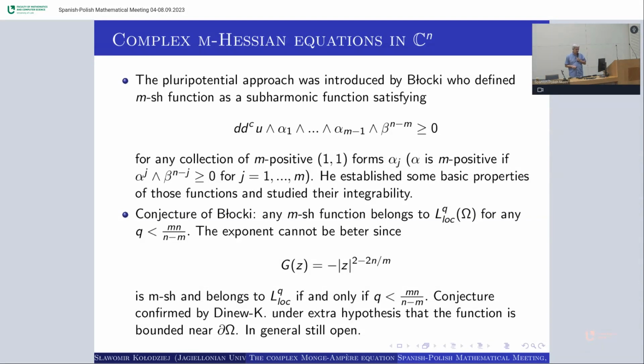We were able with Sławomir to confirm this conjecture under the extra hypothesis that our function is bounded near the boundary. So if the singularities are isolated, then this is true. And this was useful to get weak solutions of m-Hessian equations.